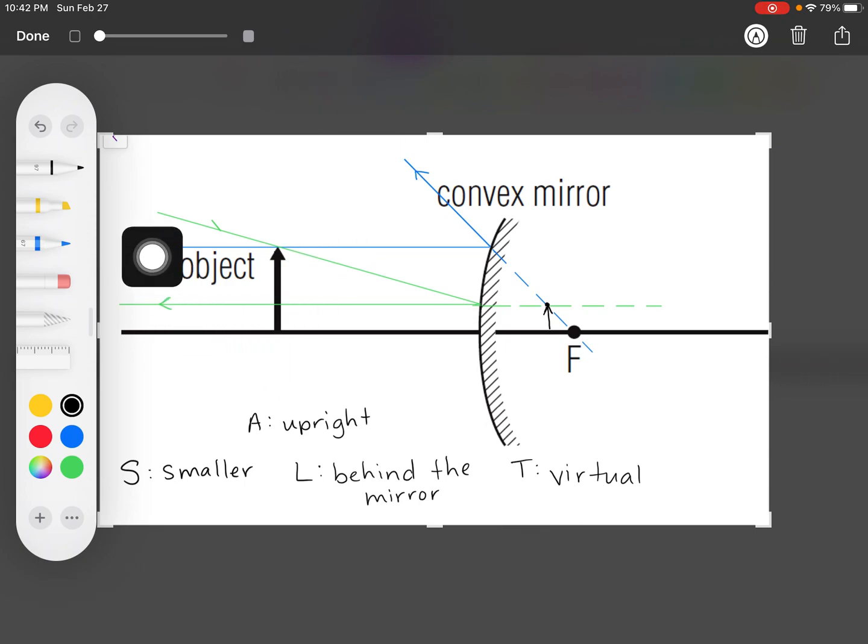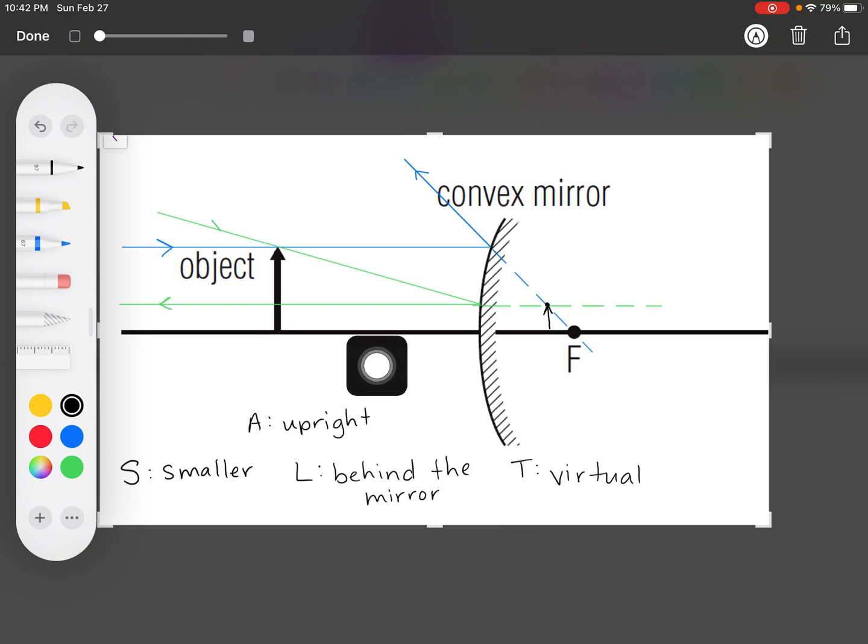Your second ray lines up with the top of the object and F. So if F is in front of here, you go through until you hit the mirror. With a convex mirror, you line up with F, but you only go once again until you hit the mirror. And then from there, from the mirror, our reflected ray is going to come parallel to the principal axis.